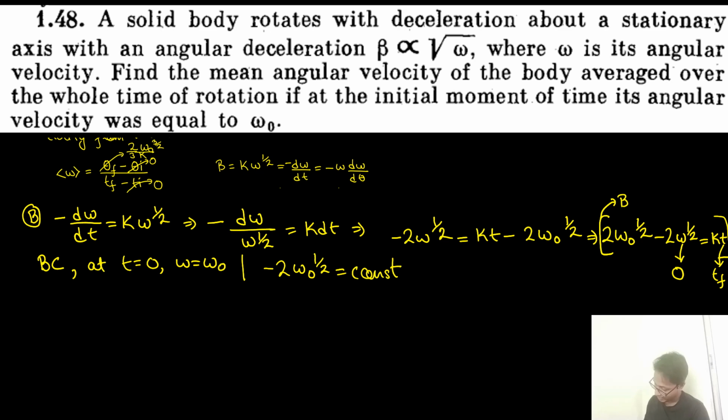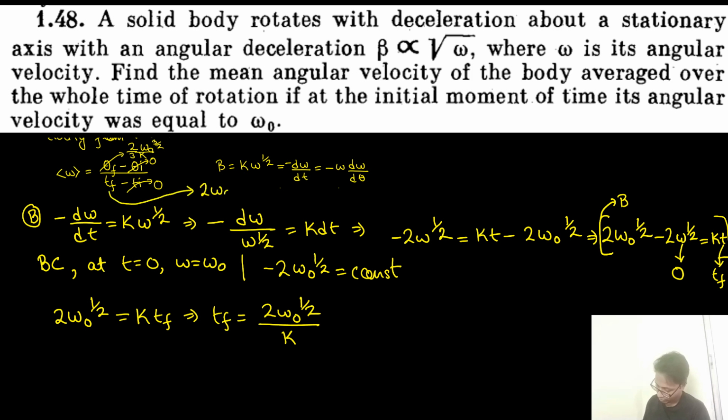So if I write 2 omega naught to the power 1 by 2 is equal to k into t final, or t final is equal to 2 omega naught to the power 1 by 2 divided by k. So out here, t final is nothing but 2 omega naught to the power 1 by 2 divided by k.